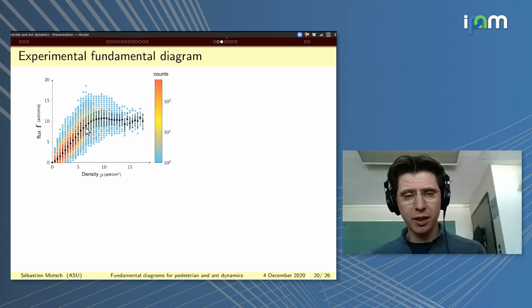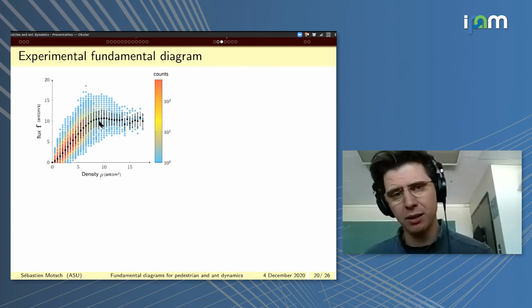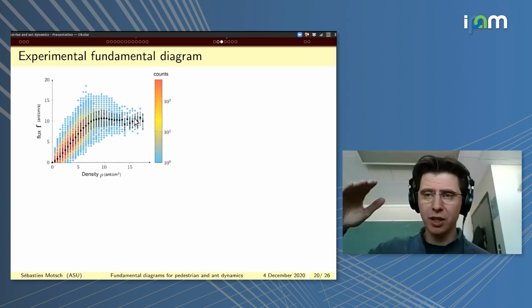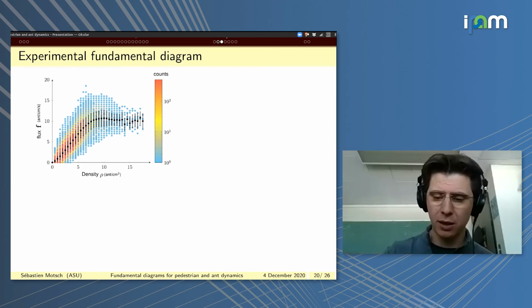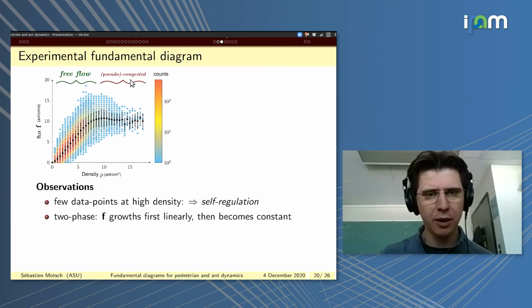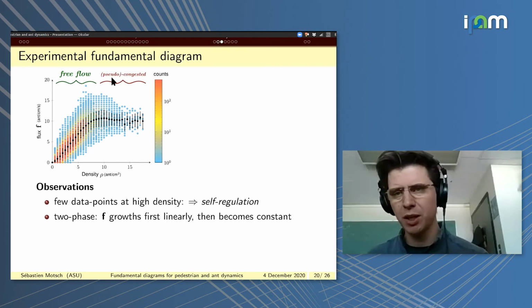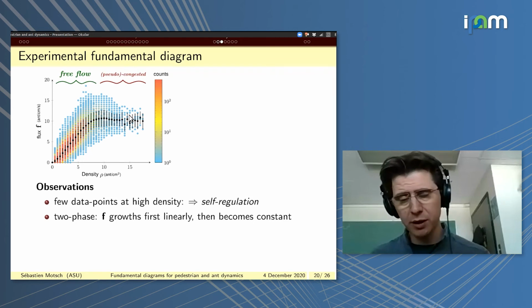But surprisingly, and this is the key observation, the flux then stays constant. There's no traffic jam, so it doesn't go down. Here you have the free flow, but it's not really a congested regime, more like pseudo-congested, because the flux remains constant.